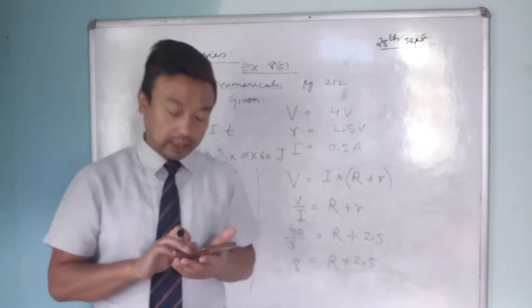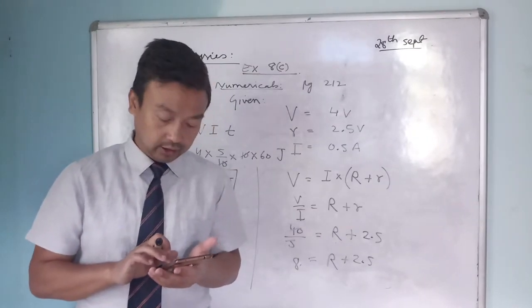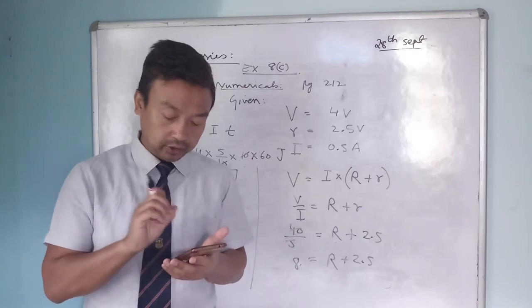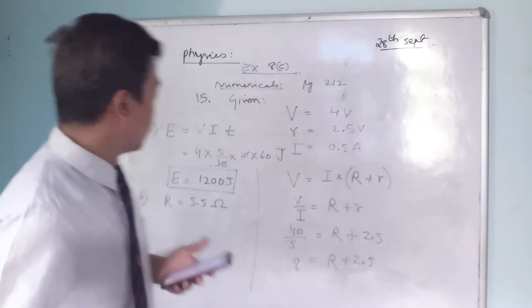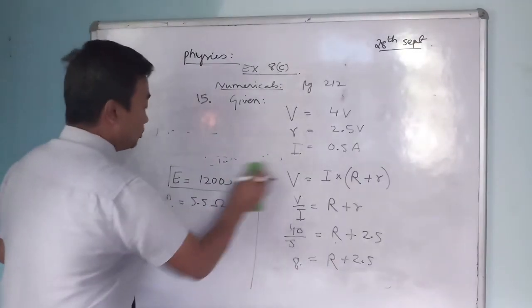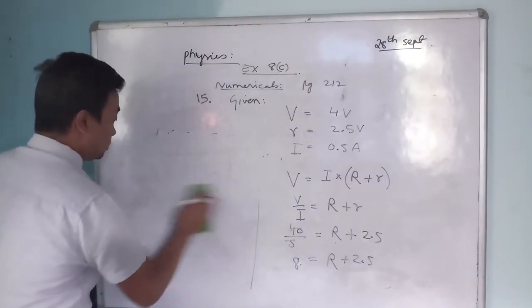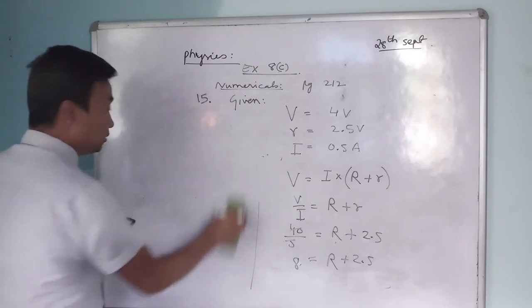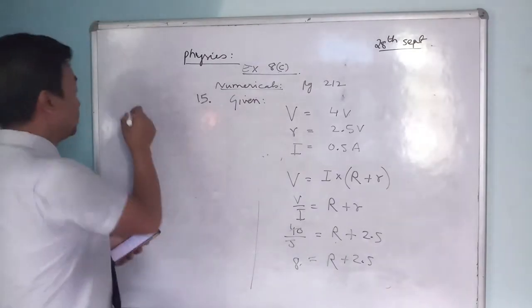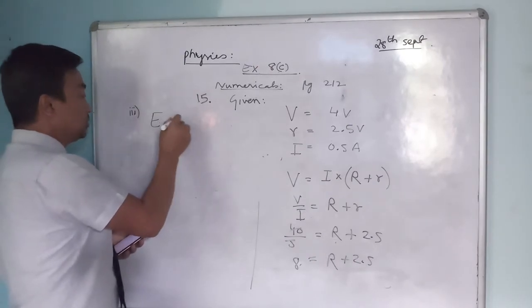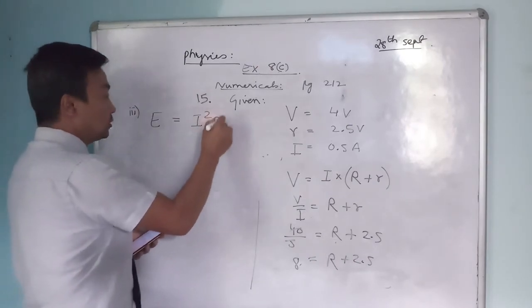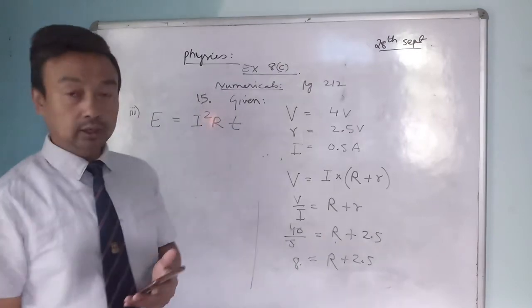Now what is the energy? Number 3 you have to calculate is the energy dissipated in the bulb in 10 minutes. How much energy is consumed by the bulb? Here we use only the resistance of the bulb. So for number 3, the energy dissipated by the bulb, you can use I squared R t.